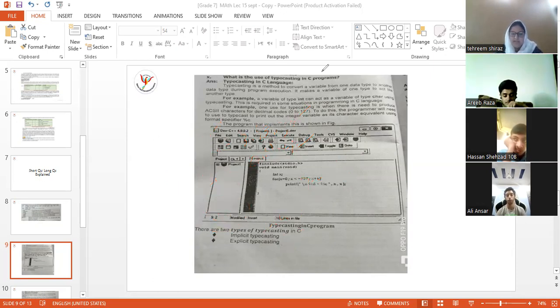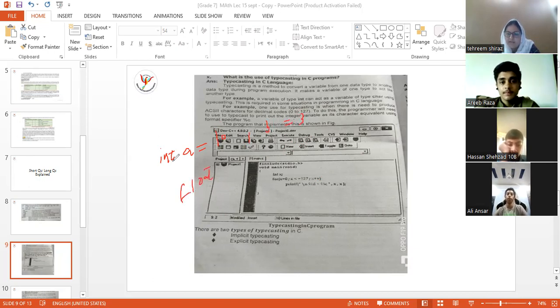typecasting. Now I can give you another example. For example, there is a case int a is equal to 10, comma b equals 3. Clear? I want to convert this into float. I will write float c = a over b. Now what will the system do? I have given the command to convert this int into float, c = a over b. Actually 10 by 3 means 3.33, right?